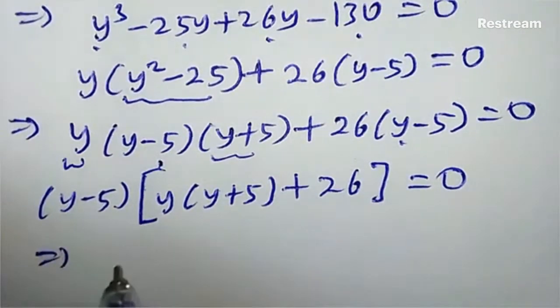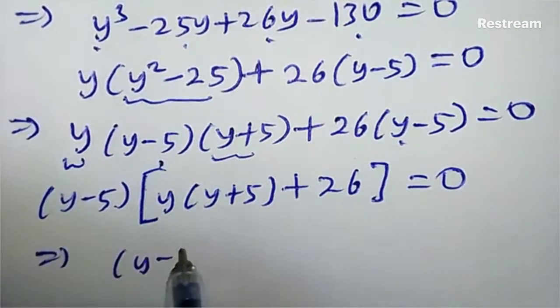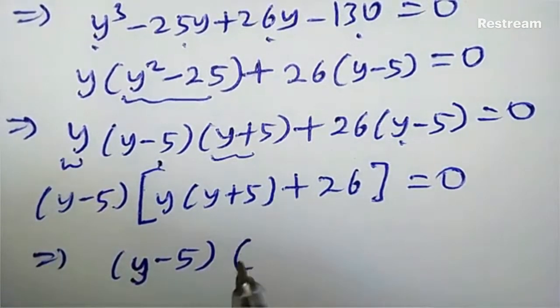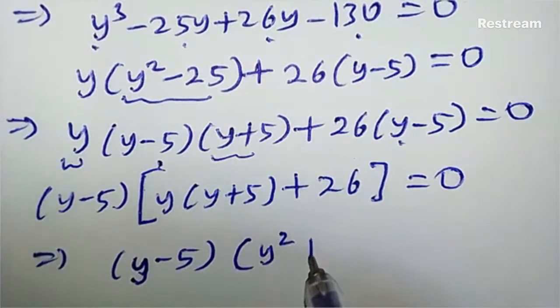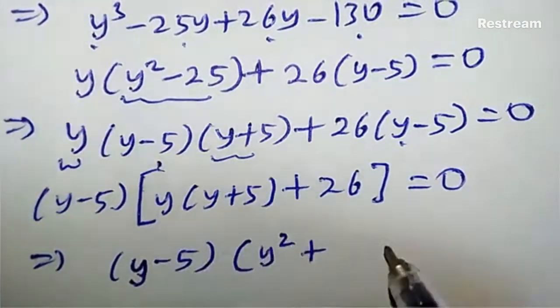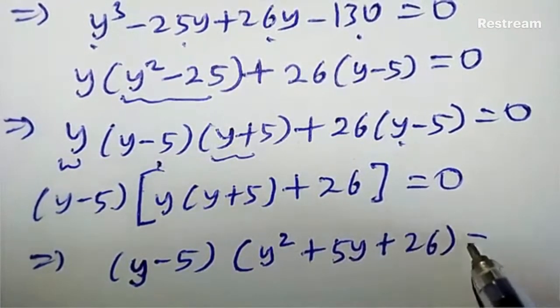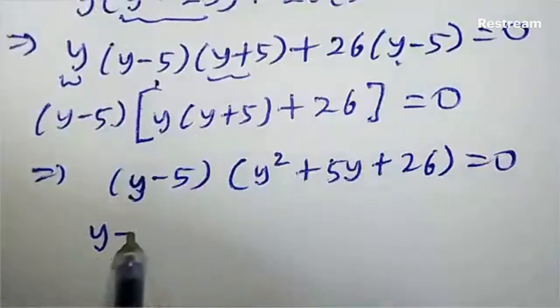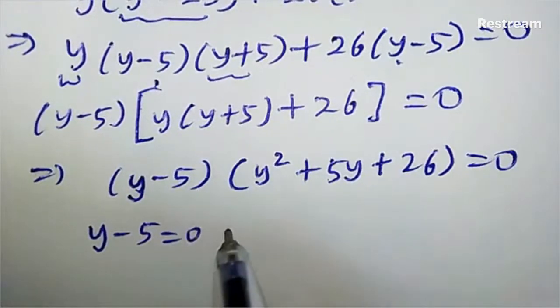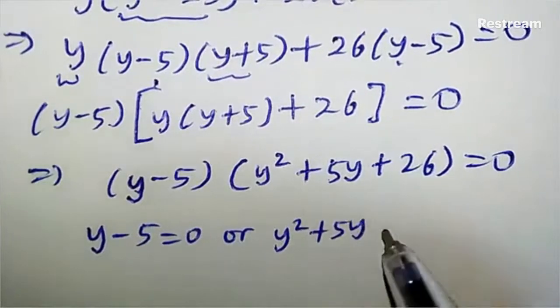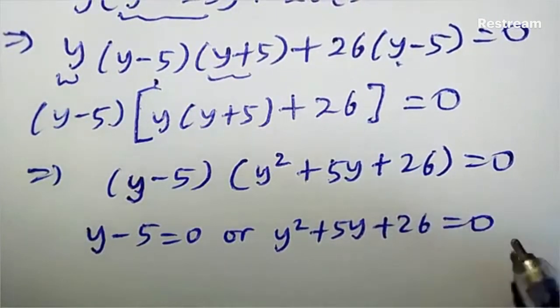This implies that y minus 5 times, y times y, that is y squared, plus y times 5, that is 5y, plus 26 equals 0. So y minus 5 equals 0, or y squared plus 5y plus 26 is equal to 0.